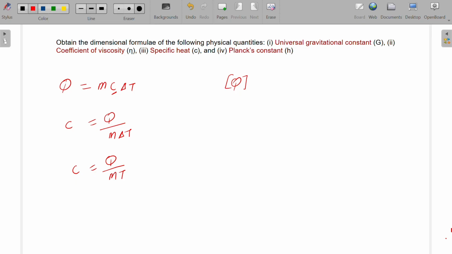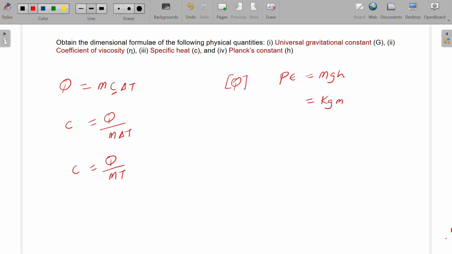We can get it from the potential energy formula. We can also get it from the work formula. So I'll use the simplest one, which is potential energy. Potential energy is equal to mgh, where m is mass, g is acceleration due to gravity, h is height.